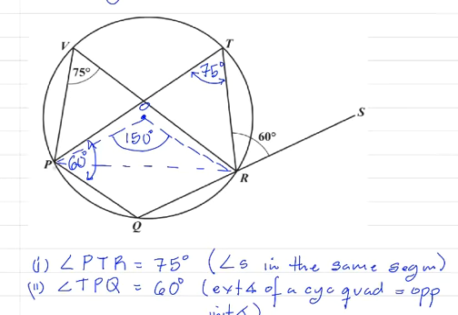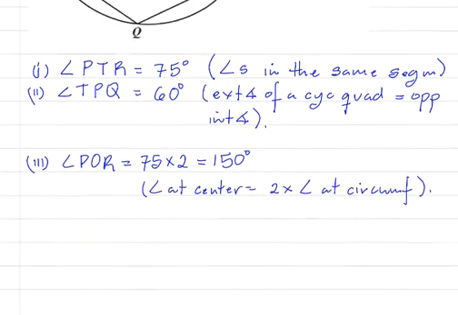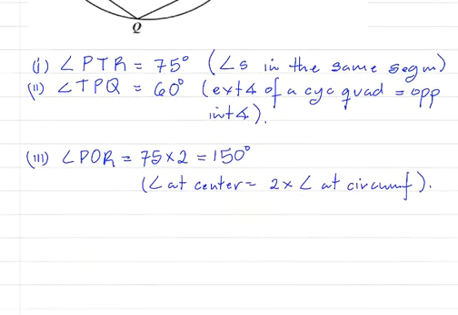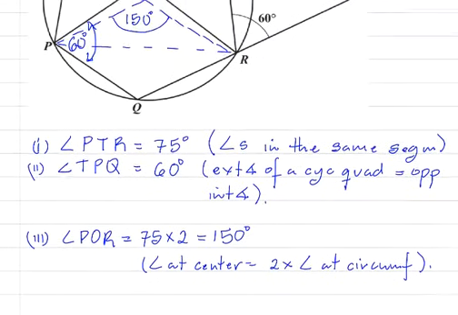One angle is formed at the circumference, and the other is formed at the center. The angle at the center is equal to 2 times the angle at the circumference. So angle POR is equal to 150 degrees.